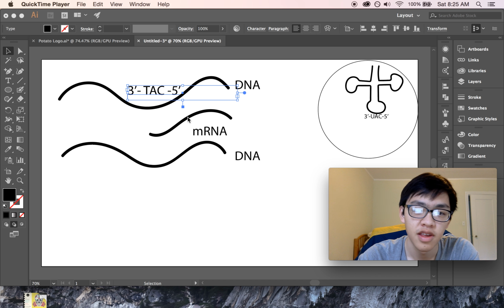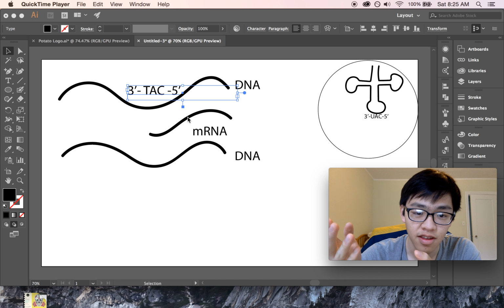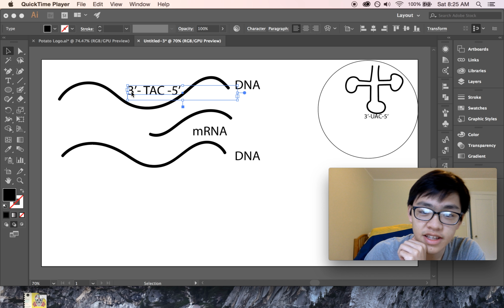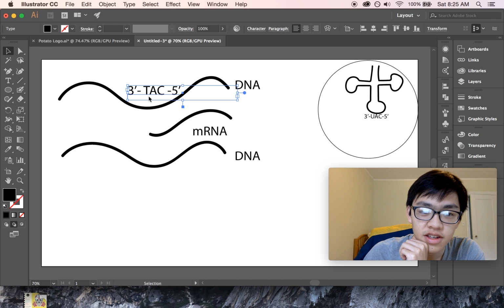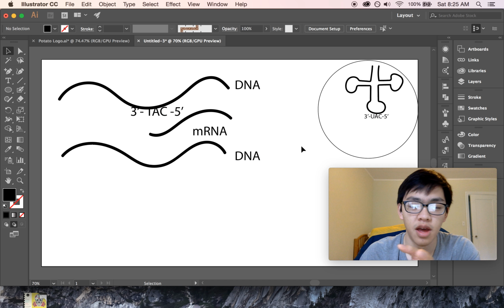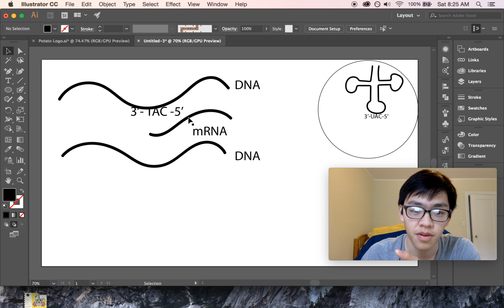That means that on the DNA directly opposite of it, the motif you see is actually a TAC. So here we have a 3' TAC to 5', and let's just put this right at the beginning because that's where the mRNA is going to start transcribing from.